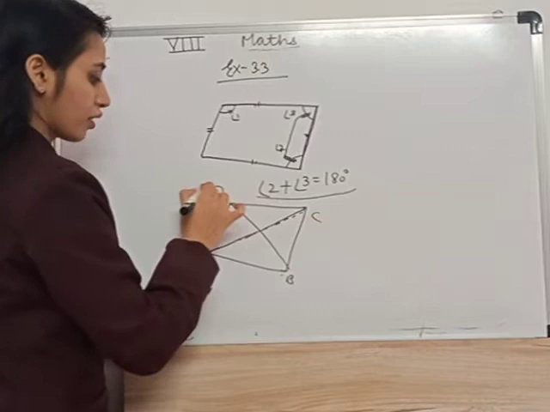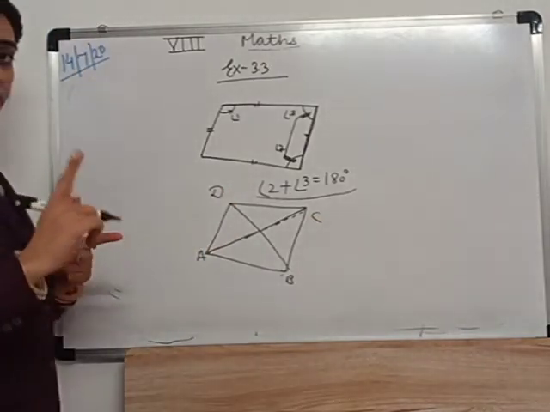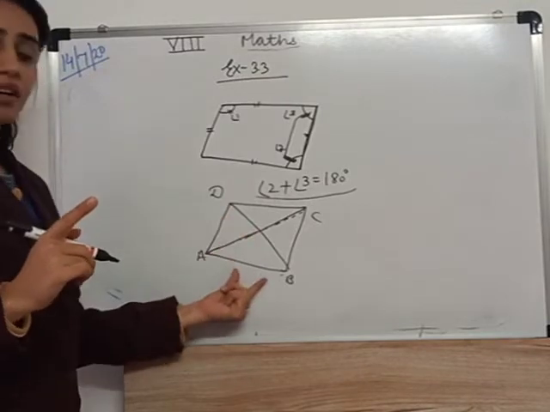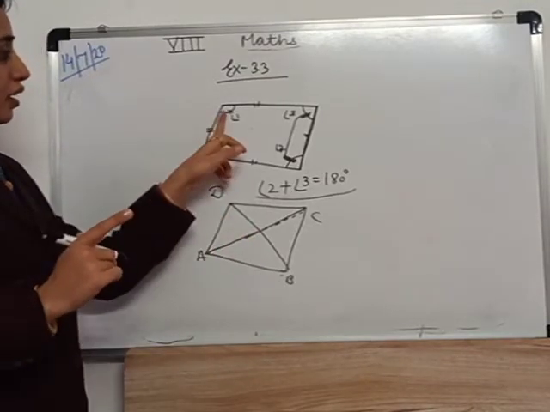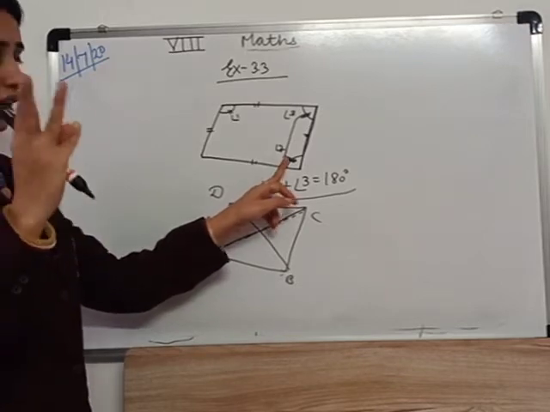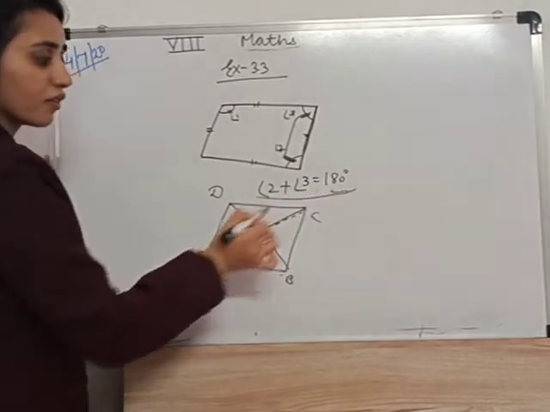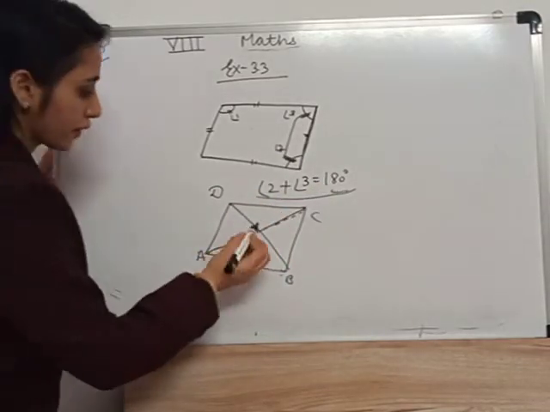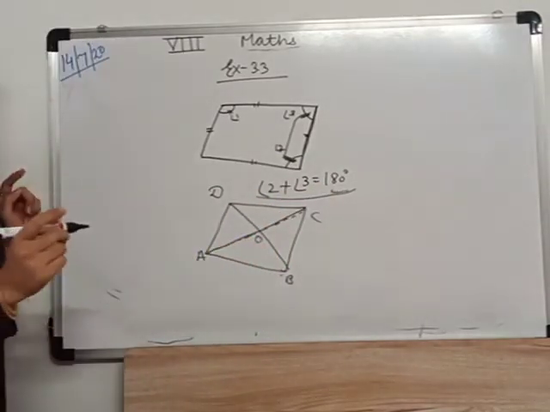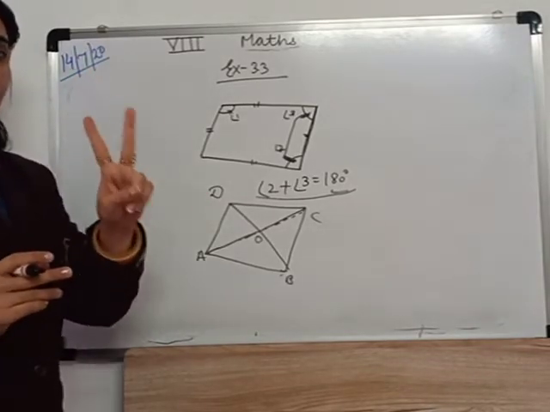ABCD is a parallelogram in which opposite sides are equal and parallel, and opposite angles are equal. Third, the sum of adjacent angles is 180. Fourth, diagonals bisect each other. Bisect means they divide each other into two equal parts.